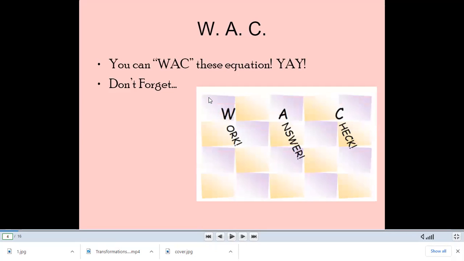W for work, A for answer, C for check. Then, what is the word?